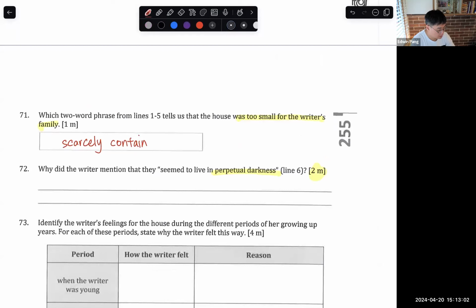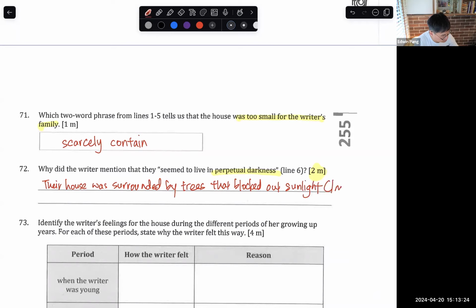So their house was surrounded by trees that block out sunlight. If you copy that, that's fine. This is point number 1, 1 mark.